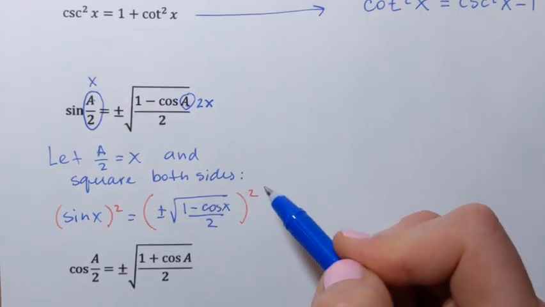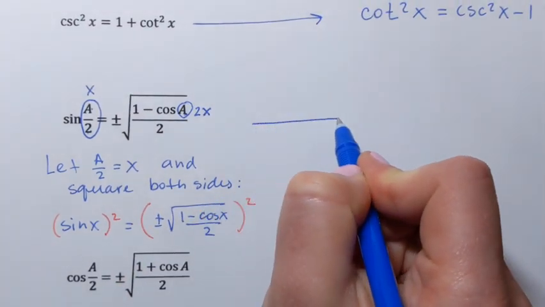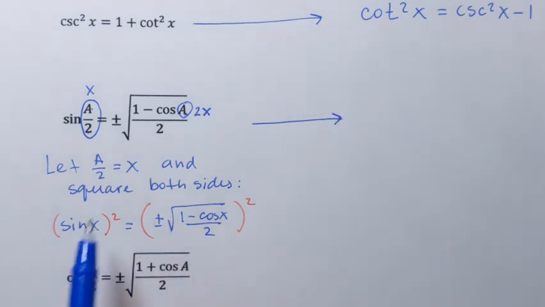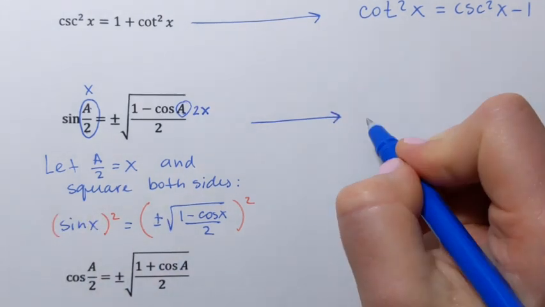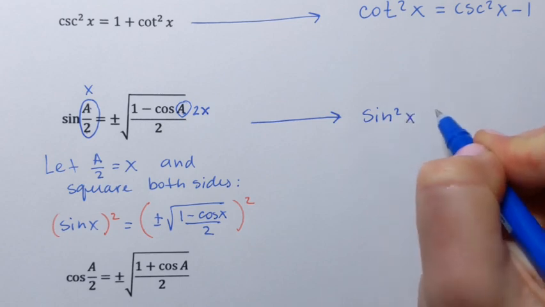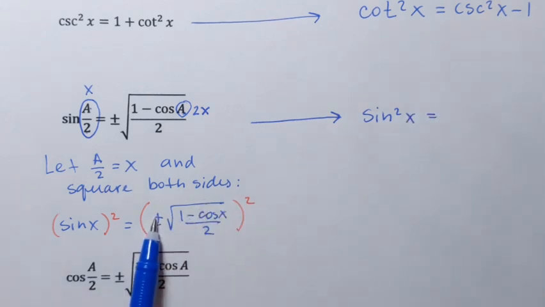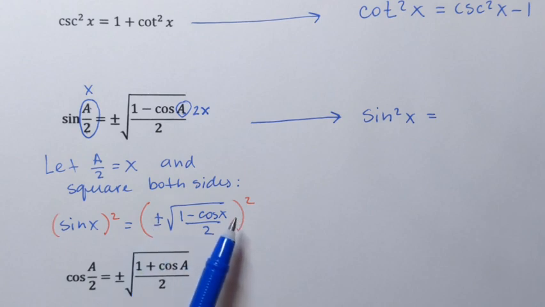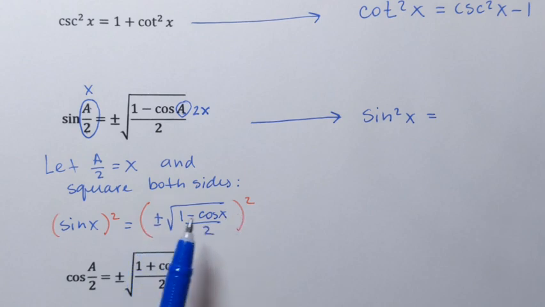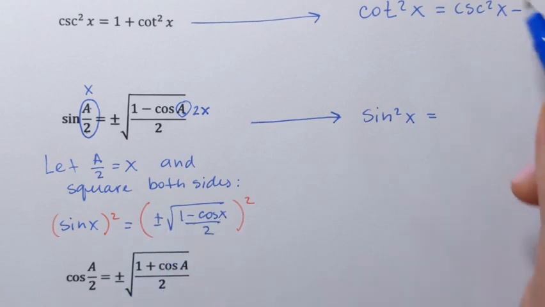So these were like the steps, but the final result will be the following. So the left hand side will be sine squared of x, and the right hand side, well, square cancels square root, positive and negative values squared become positive, so that's all gone, and I'm only left with 1 minus cosine of x over 2.